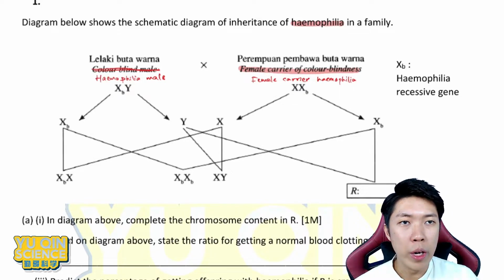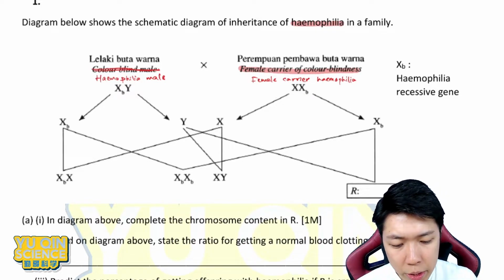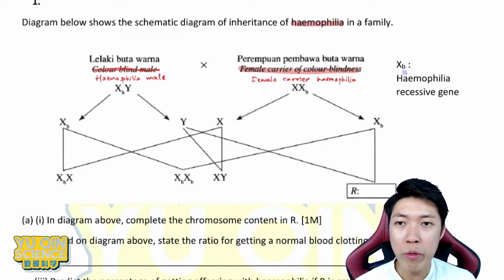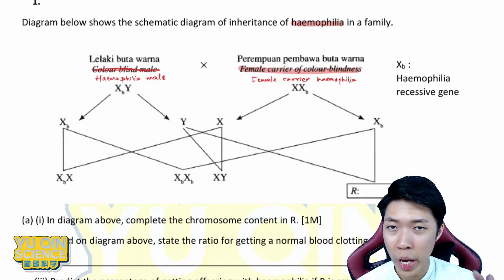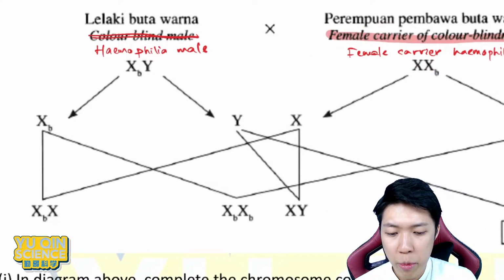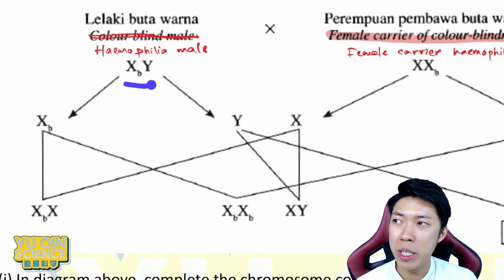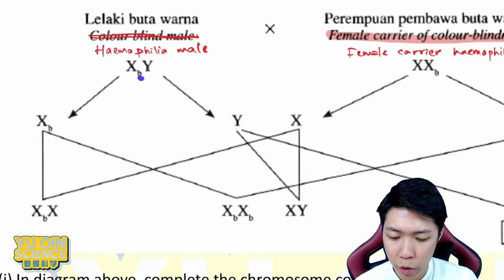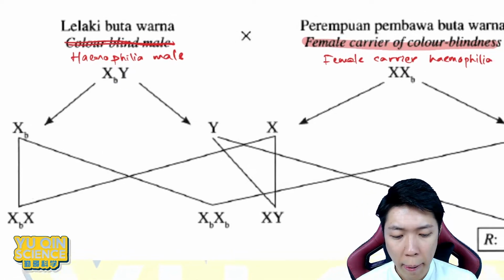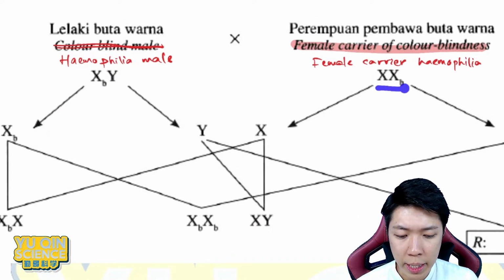So the small letter represents a problem, recessive means you have the problem, the disease. Capital shows that you're okay. So hence the hemophilia male will be XbY. This one I know is at the bottom. If the question follows, it should be on the top, then this is a carrier.